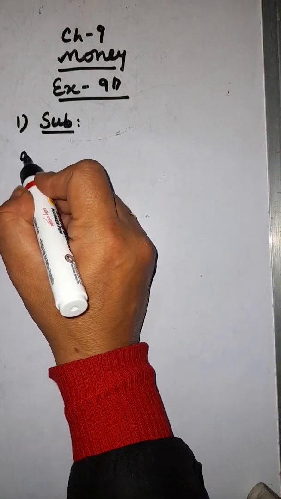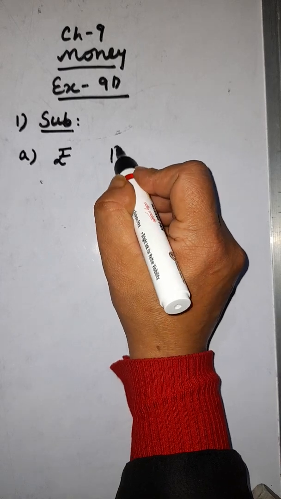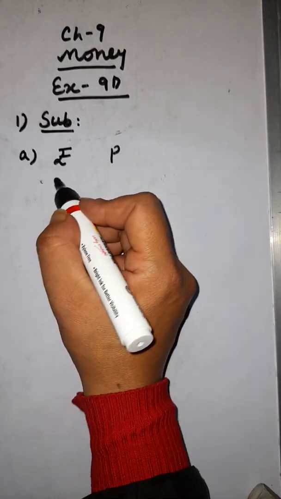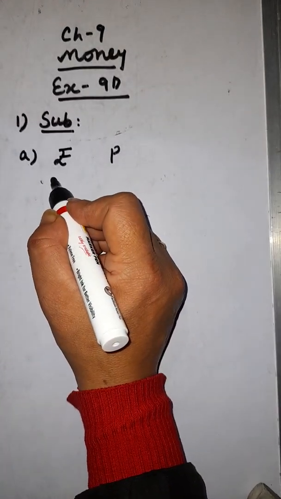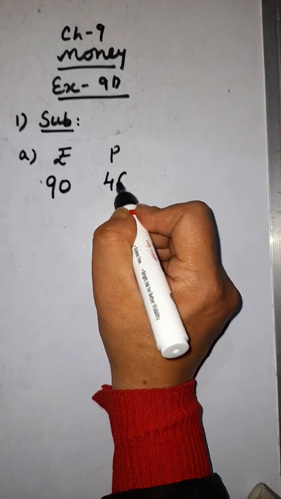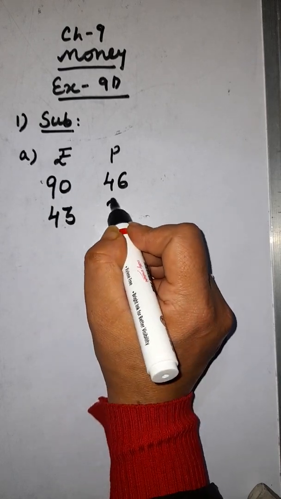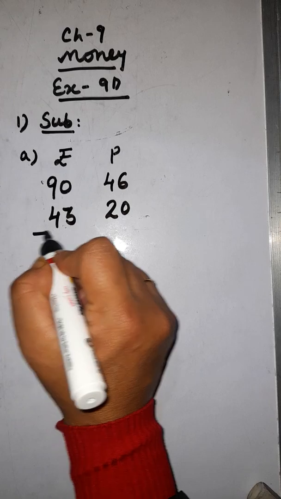Here part A. First we'll write rupees, after that paise. Now we'll write rupees below the rupees column, like 90 rupees and 46 paise. Here 43 rupees and 20 paise.